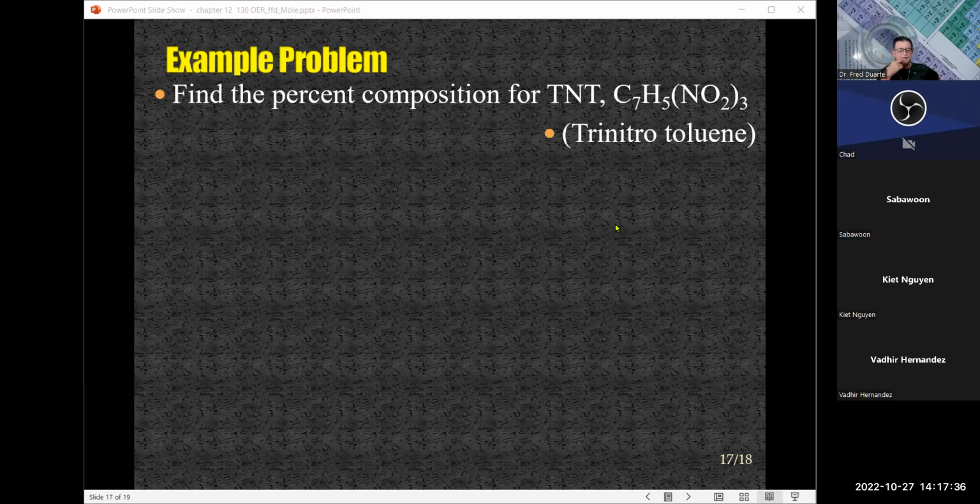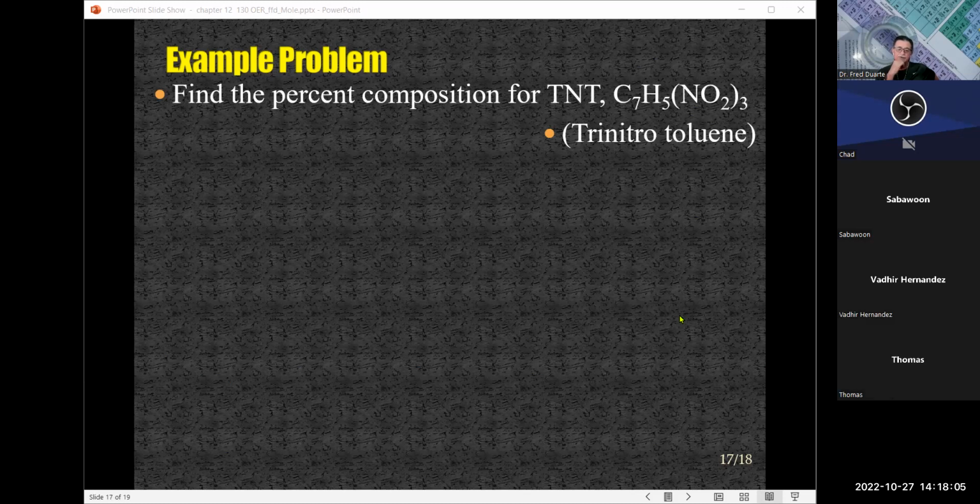Very famous scientist. He has a prize named after him. Exactly, Nobel. Nobel and his people created this stuff, and it's obviously a dangerous chemical to make in the lab. Very sensitive. Anyway, its formula is given as follows.